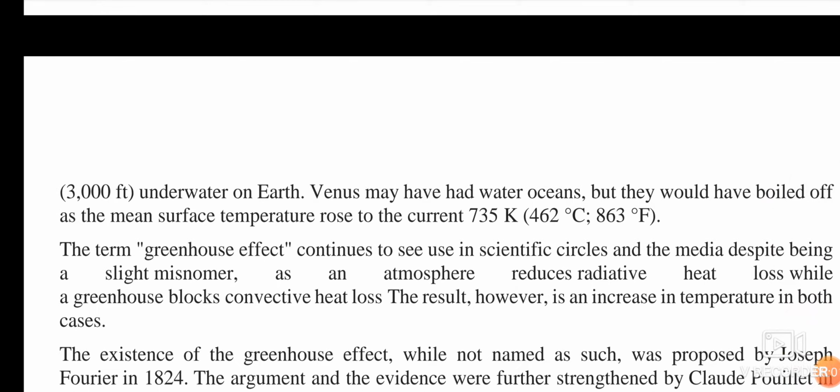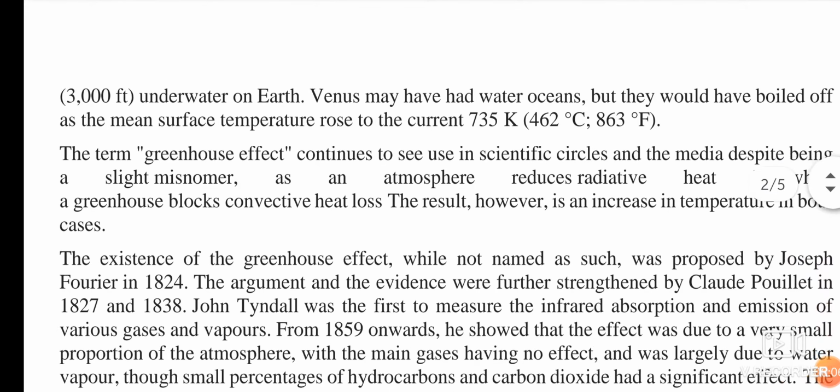So, the term greenhouse continues to see use in scientific circles and the media, despite being a slight misnomer, as an atmosphere reduces radiative heat loss while a greenhouse blocks convective heat loss. The result, however, is an increase in temperature in both cases.